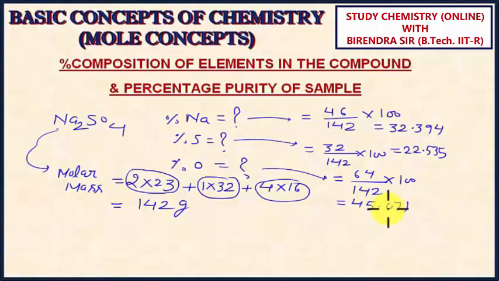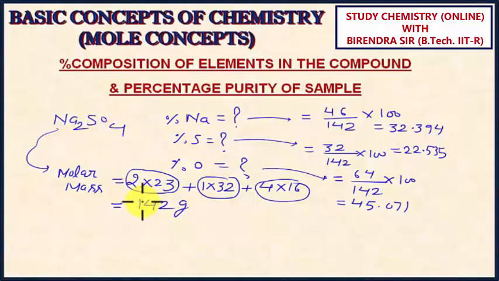If the percentage changes, means Na2SO4 is not pure. My point is clear. If the Na2SO4 sample is given and the percentage of sodium is less than 32.394, it means the sample is not 100% pure.